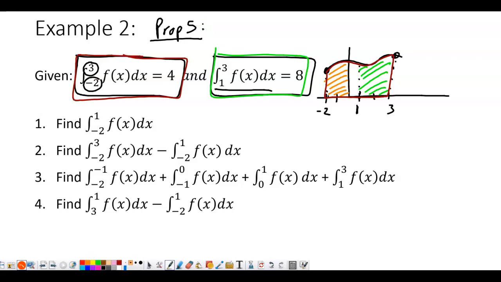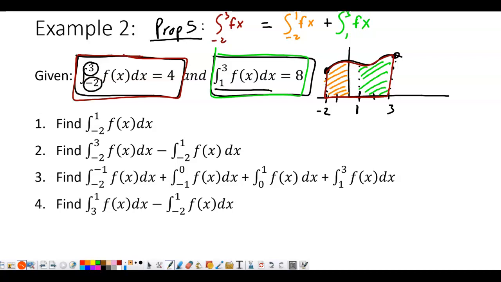So according to property 5, the entire area, which is the integral from -2 to 3, should be equal to the integral of -2 to 1, that's the orange area, added to the integral for the area of the green region, which is from 1 to 3.